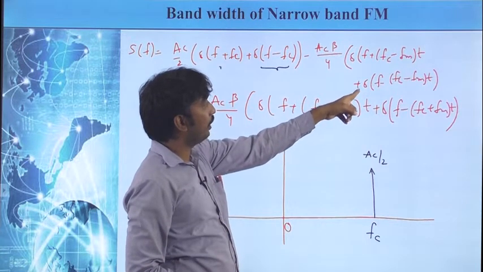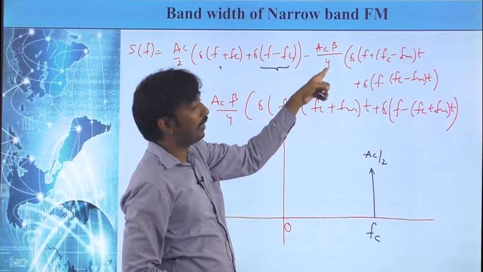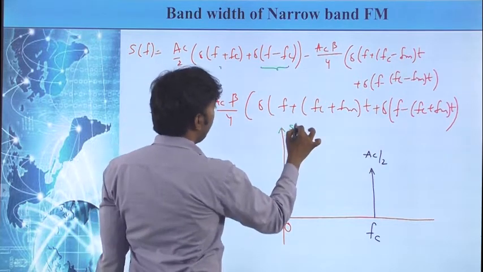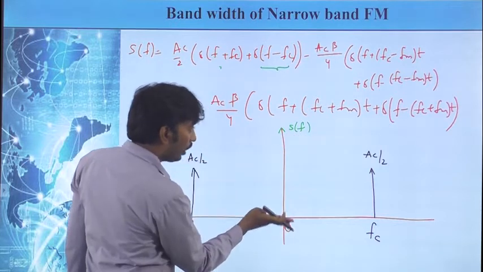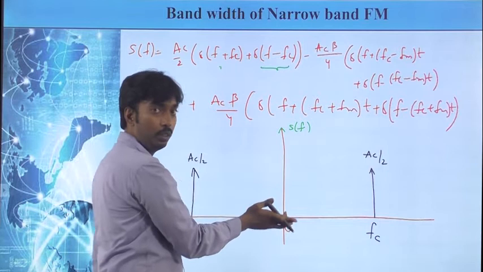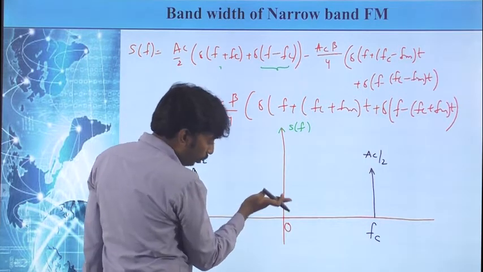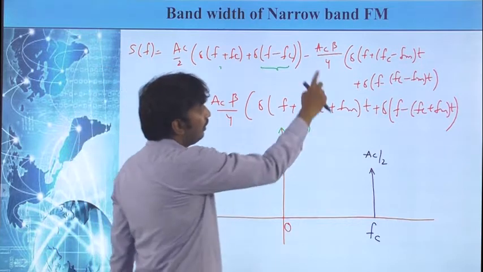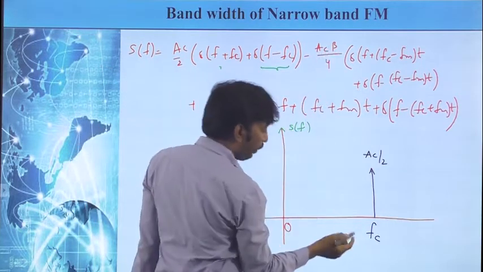For this the magnitude is minus AC beta by 4. Now this is S of F: 0 to above is the positive representation of positive magnitude, and 0 to below is the negative representation.